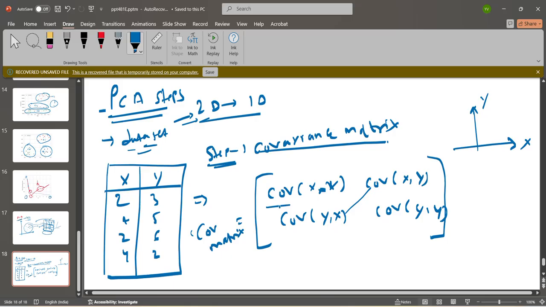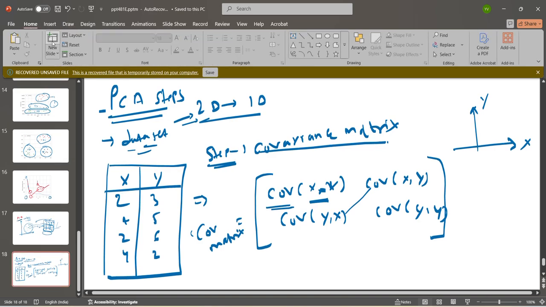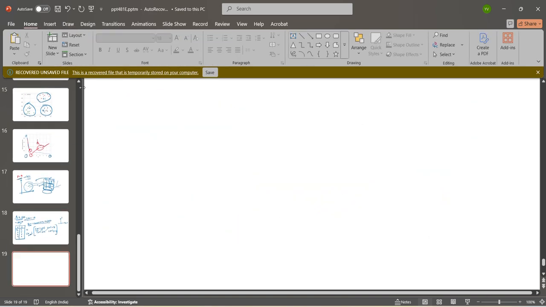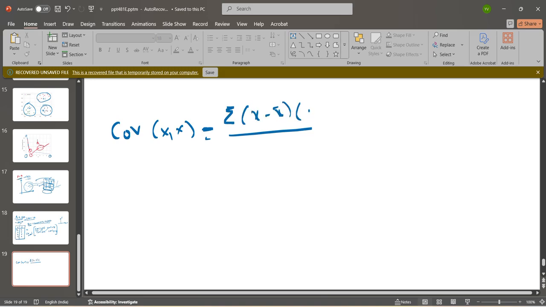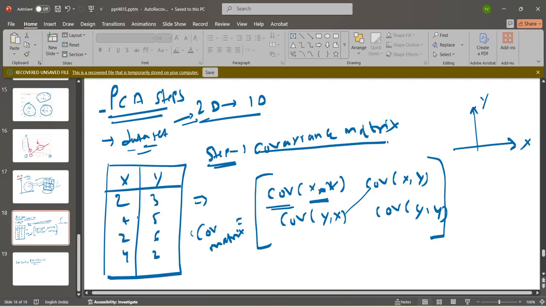Again, how do we calculate covariance of x comma x? I will explain one covariance, and the same way you can do it for the others. This is simple mathematics. If you want to find the covariance of x comma x, the simple formula is summation of (x minus x bar) into (x minus x bar) divided by n minus 1. In this example, how many points are there? 4 points.